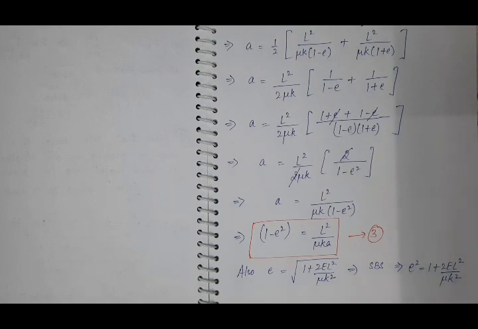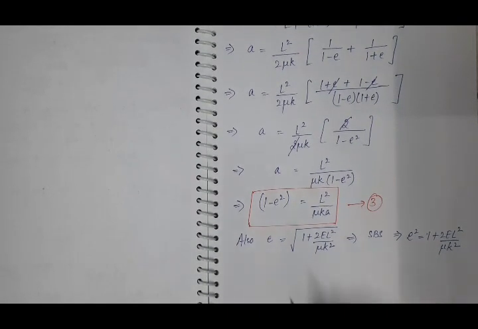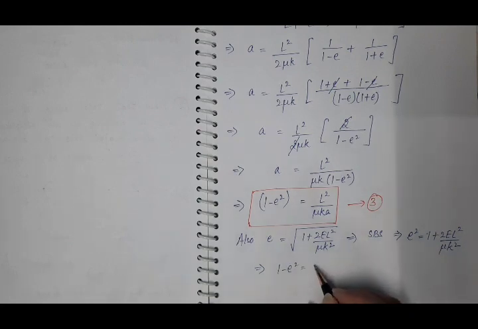Now we have to find the value of 1 minus e square. So move this term to this side and this to this, and we have 1 minus e square equal to minus 2EL square upon mu k square.